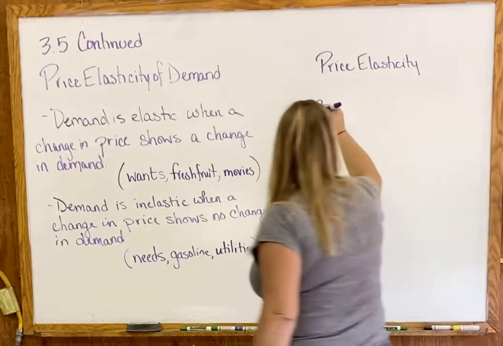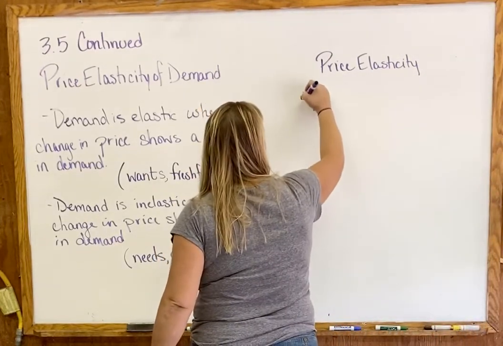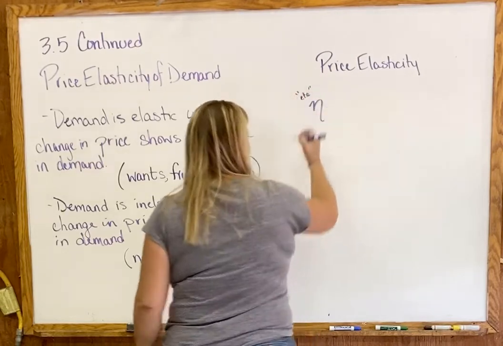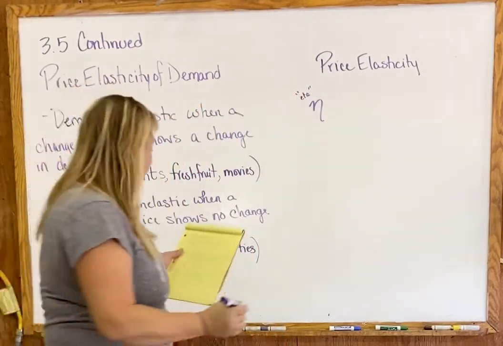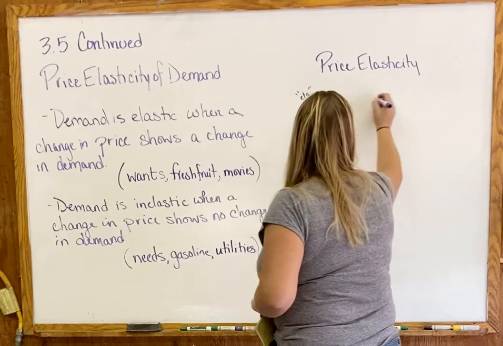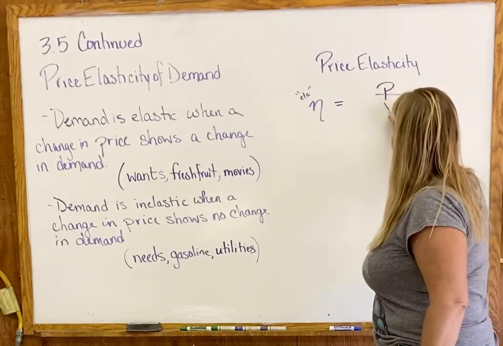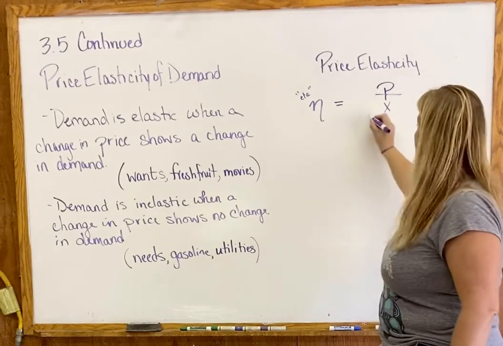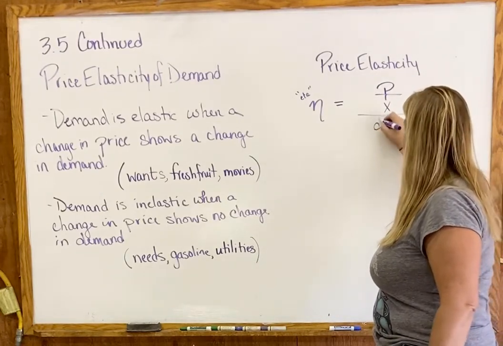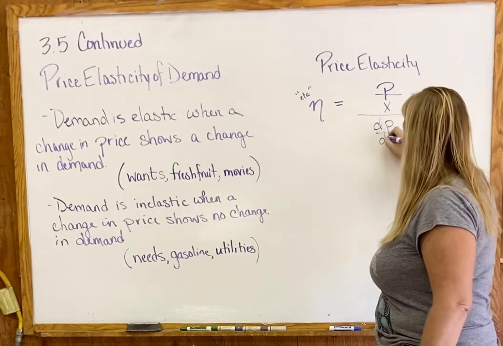Now, that looks like an N with a curly Q on the front, but it's the Greek letter eta. And eta is equal to the demand function, little p, divided by x, all over dp dx.